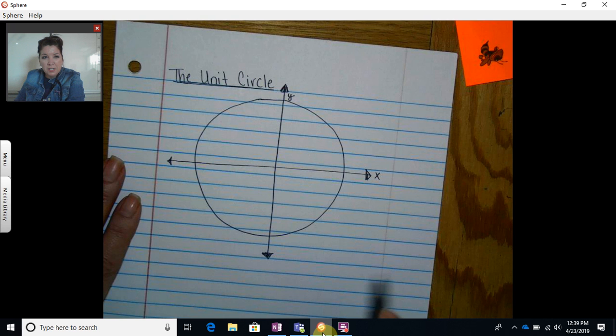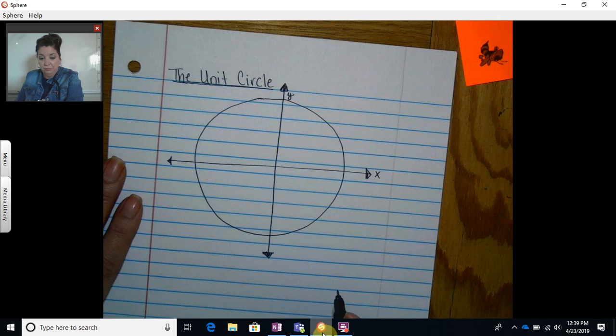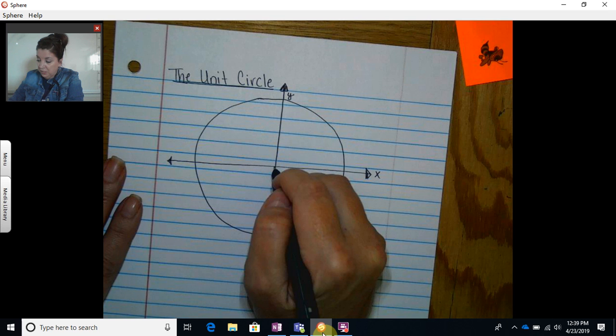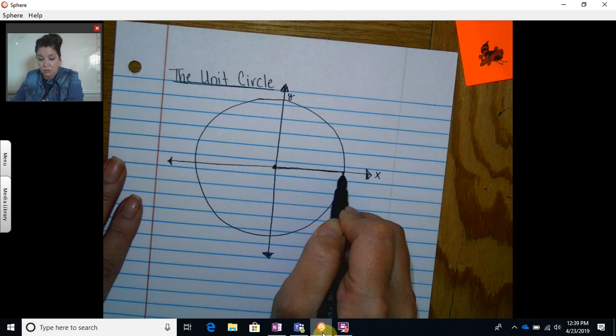And the unit circle has a radius of 1. Okay, so like from the origin to the positive side of the x-axis, where my radius hits the unit circle, that's at positive 1. The ordered pair would be 1, 0, right?